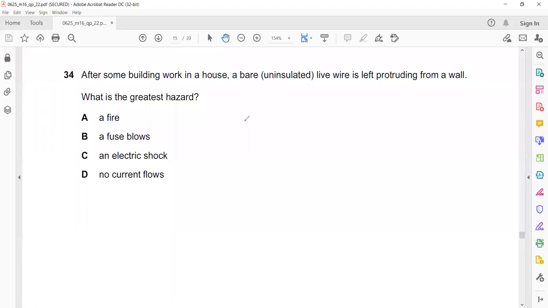A live wire is touching the wall, so it cannot cause fire. If a live wire is touching, for example, another live wire or another bare wire, then it can lead to fire. The fuse will not blow. Electric shock: if someone touches it, he will get an electric shock.